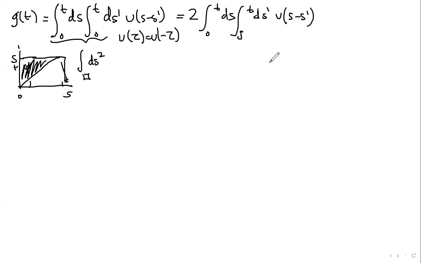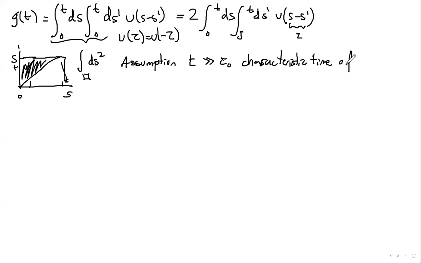Now, in this paper, they bring in another assumption. Again, I will call this tau. There is a big assumption that this function decays fast. The assumption is that the observation time t is much larger than the characteristic time, which we call tau 0, of u of tau.